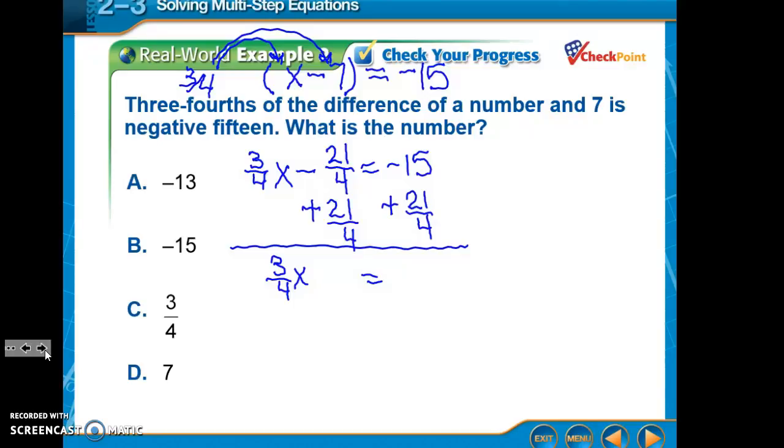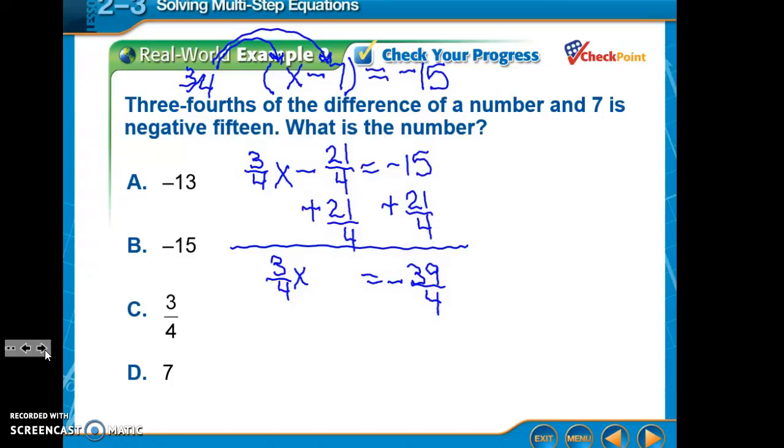Negative 39 fourths. Check that. Oh wait, no, that's right, because this is negative and that's positive. So that's good.